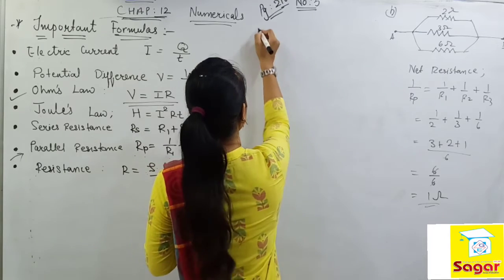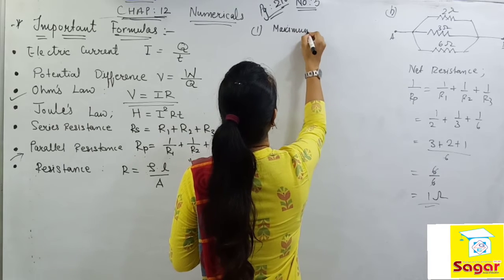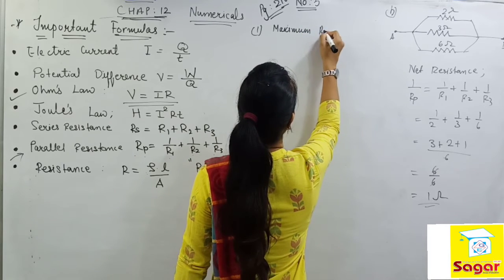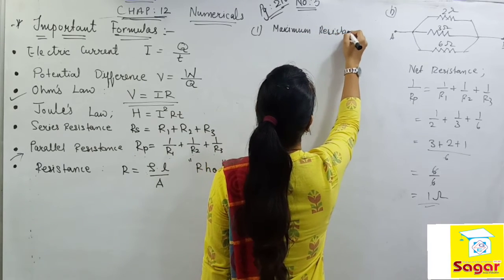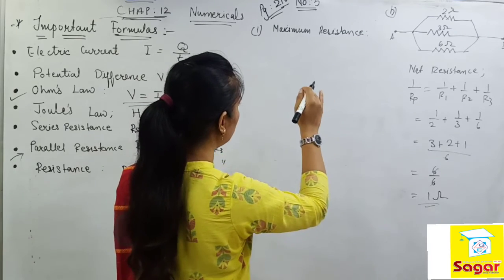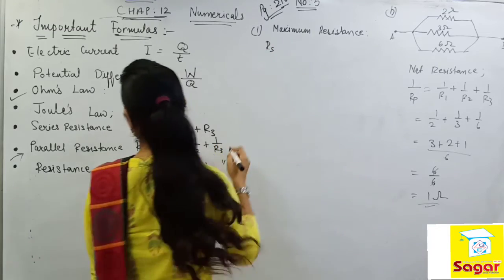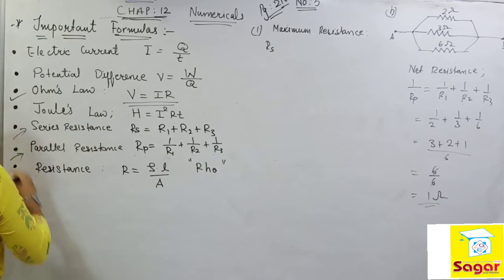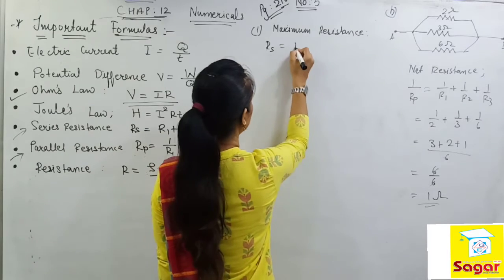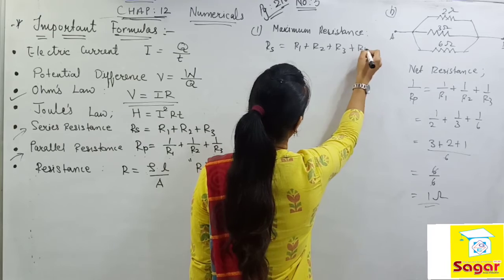So first is the maximum resistance. Nothing to do, we just need to connect all of them in series. So we will use the equation of series resistance. Rs is equal to R1 plus R2 plus R3 plus R4.